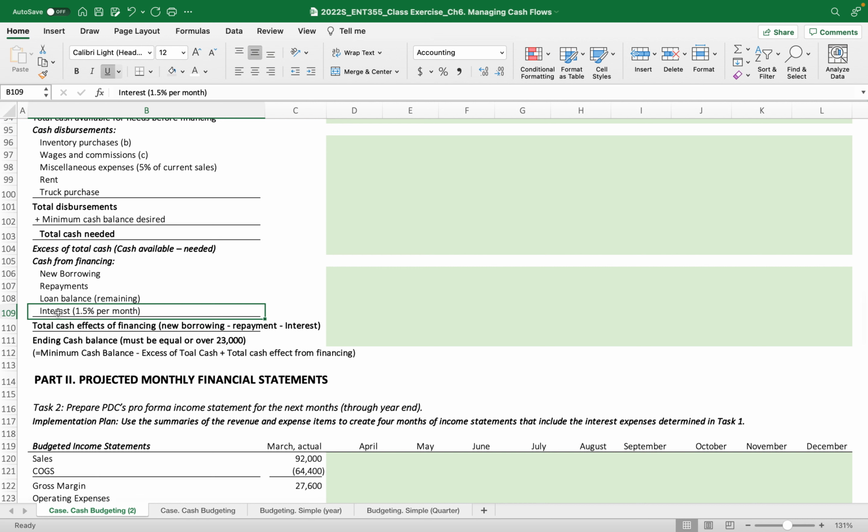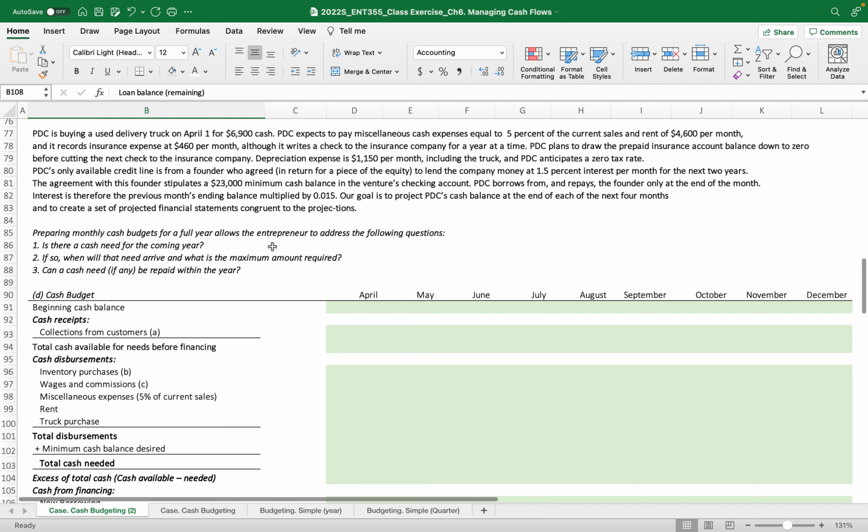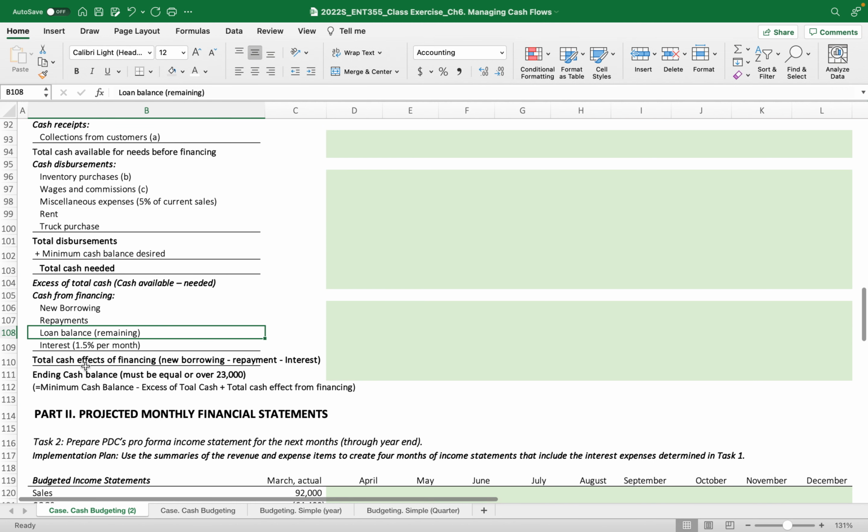The interest calculation is based on the remaining balance of the last month times 1.5%, as indicated in this description. And then the total cash effect of financing is calculated as new borrowing minus repayment and interest. That is the actual cash in and out of the financing, right?